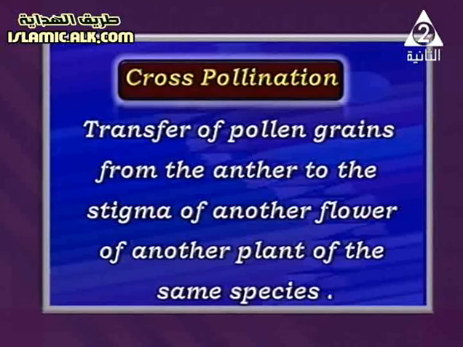Again, we have two different flowers from the same species, like tulip, mint, and so on. But the two plants are separate from each other. This is the meaning of cross-pollination. So we need an extra means like insect, wind, man, and so on. Those are called the means of pollination.